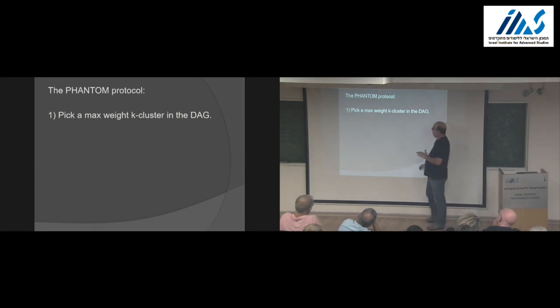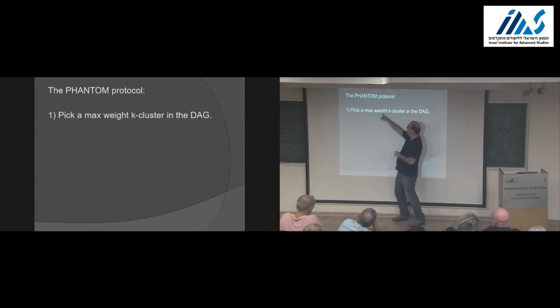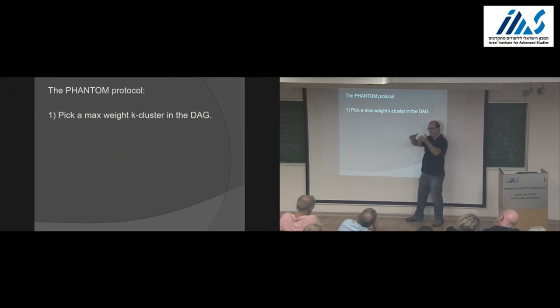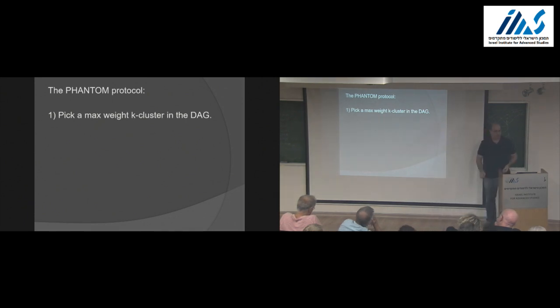And so here's something that we call the PHANTOM protocol. It's very simple. Pick the maximal weight K cluster in the DAG. So this is akin to picking the longest chain. If this was a 0 cluster, this would be the longest chain, because if it's a 2 cluster, it's a thickness 2 kind of chain. Weight is based on difficulty of proof of work, but you can think of number of blocks for abstraction.